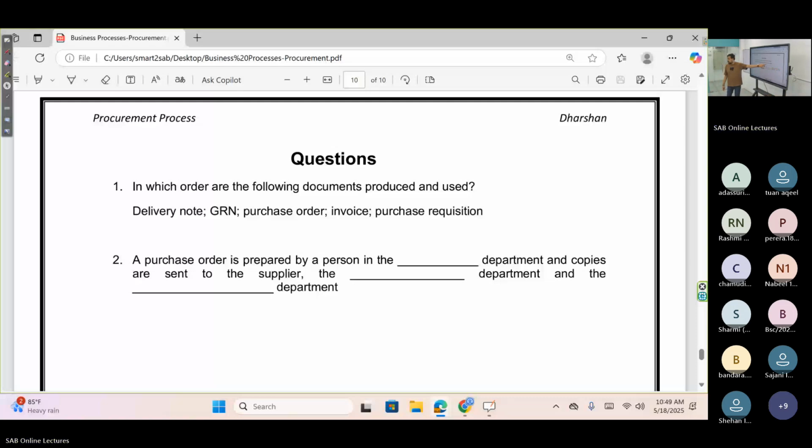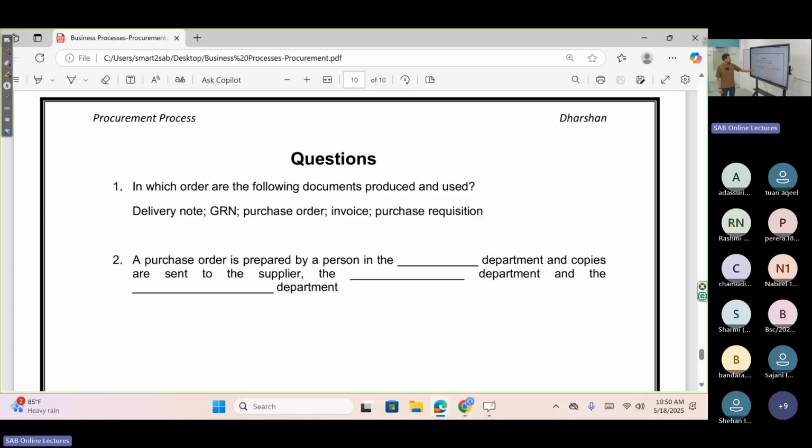First one: purchase requisition. Second one, purchase order. Third one, delivery note. Based on the delivery note only, GRN will be generated. Sometimes independently also, without delivery note also, the purchaser can generate GRN. So purchase requisition, purchase order, delivery note, GRN, final invoice.